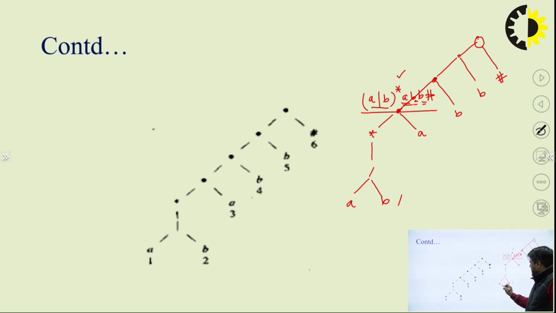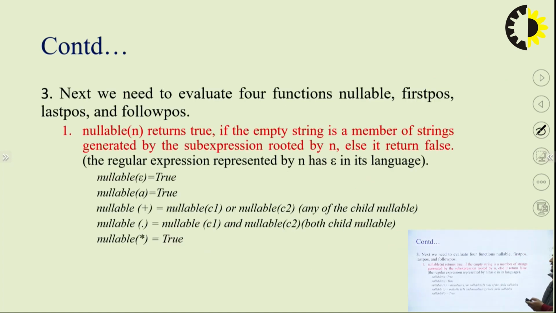Now you assign position values to the leaf nodes. This is 1, this is 2, this is 3, this is 4, this is 5, and this is 6. This complete representation is used for the various operations to construct the DFA.